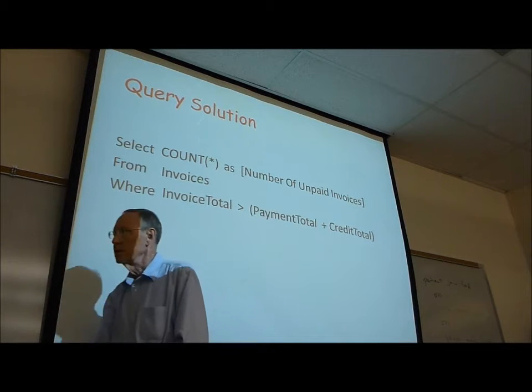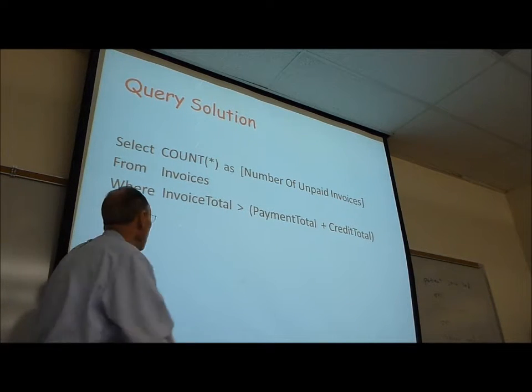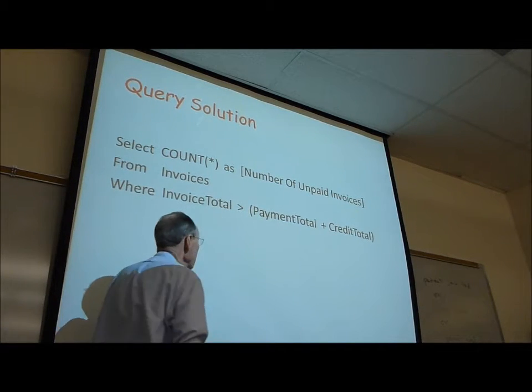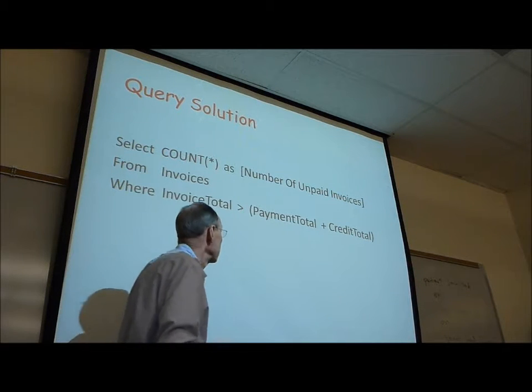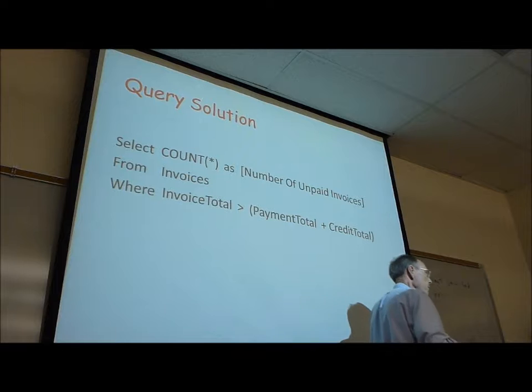That's from the invoices table. This is the way I compute the unpaid invoice: the invoice total is still greater than the payment total, the payments you've made so far, plus any credits we've applied. Straightforward. That would be the records in the result set, and it's simply going to give you one number.